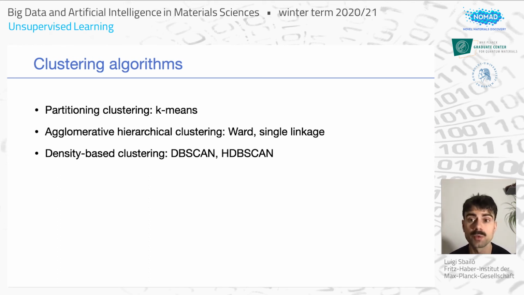But still, if you're working on unknown data, this is very important now, because we have this huge availability of data. So imagine you go to the NOMAD archive and retrieve a dataset with hundreds of thousands of data points, and then you want to find some clusters, but you don't know much about the data.